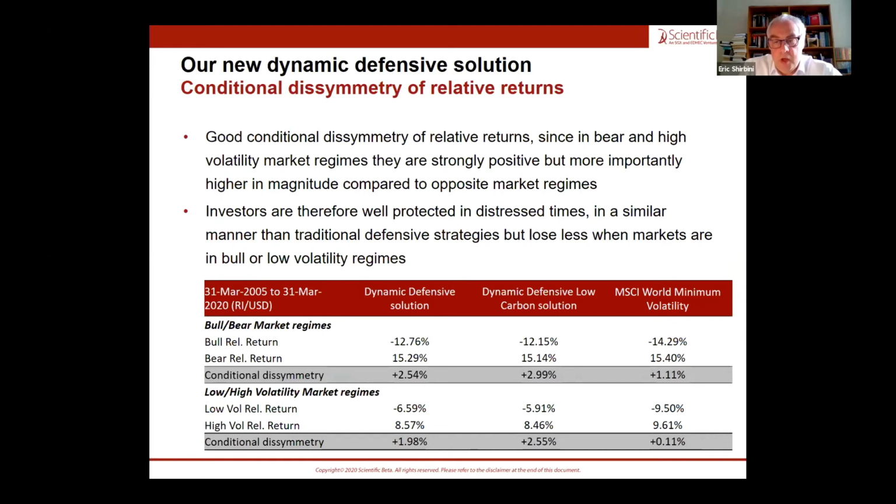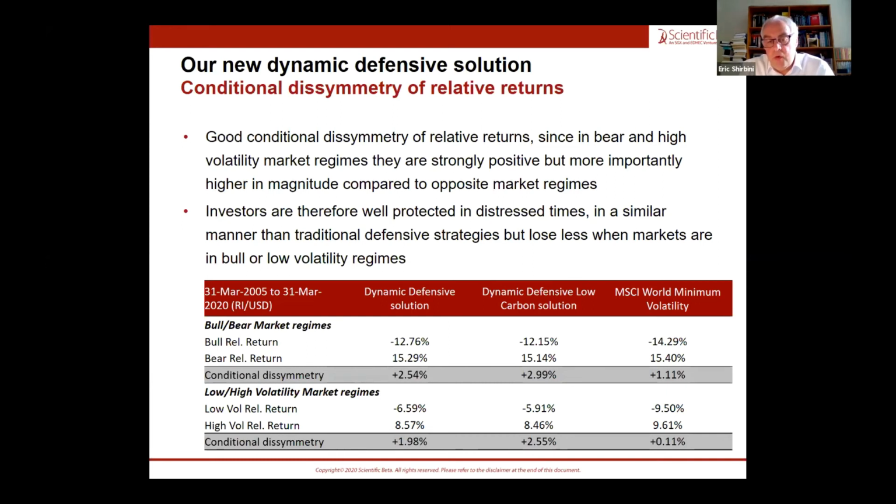We can see the MSCI min vol on an annualized basis underperforms by about 14% during a strong bull market. But because we have more positive exposure to the other factors, that helps us avoid some of this underperformance during a bull market, while still maintaining the same performance in a bear market as well.